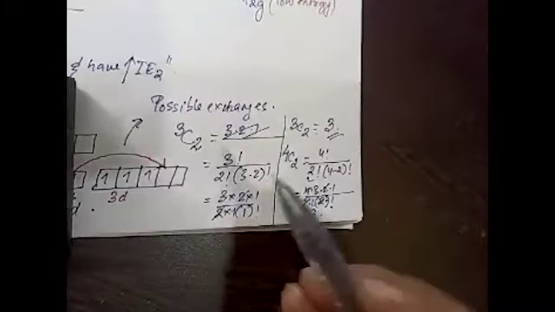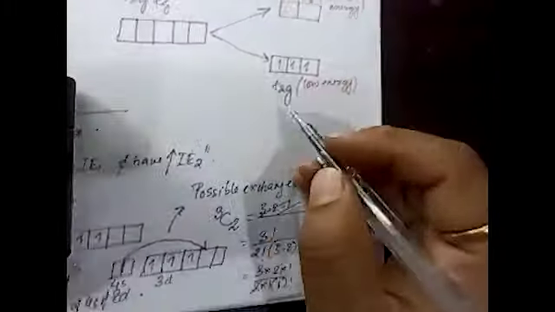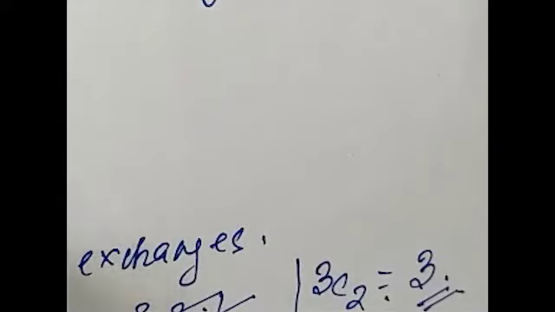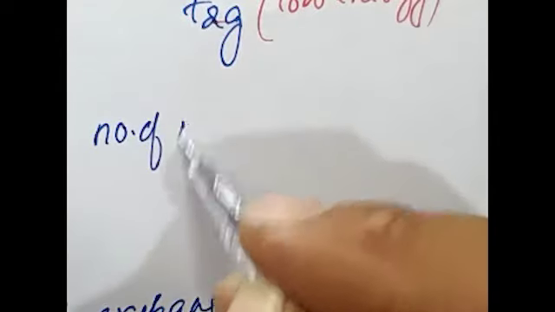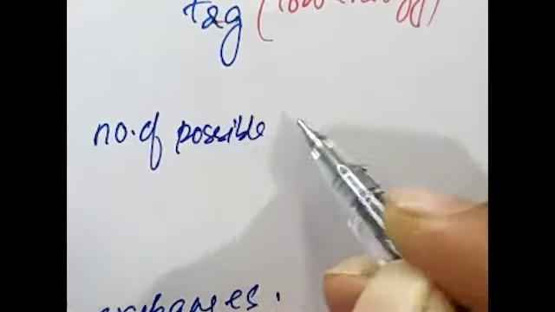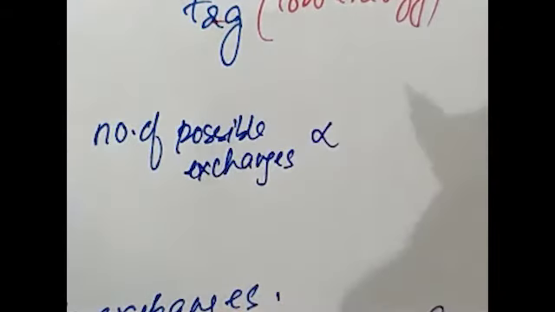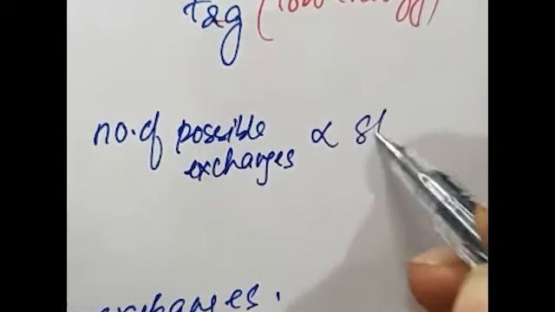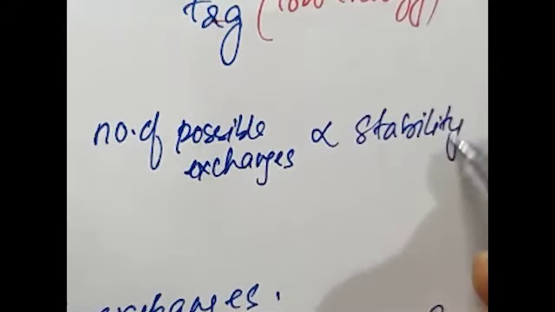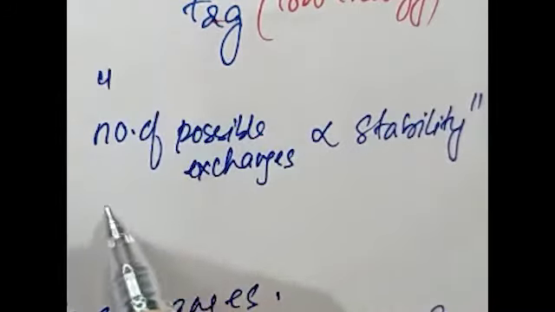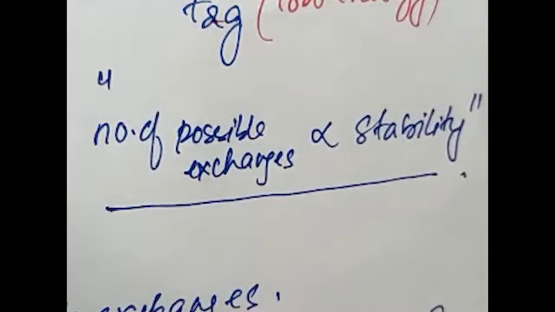We have already discussed this fact before, that the number of possible exchanges is directly proportional to stability. The more the electrons exchange, the more stable the thing will remain. Number of possible exchanges is directly proportional to stability.